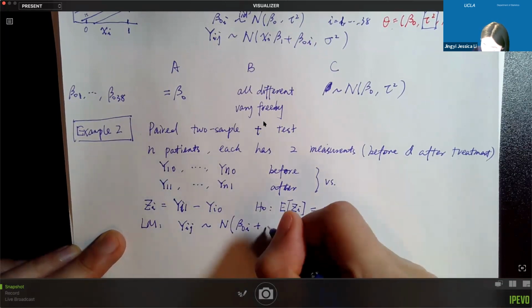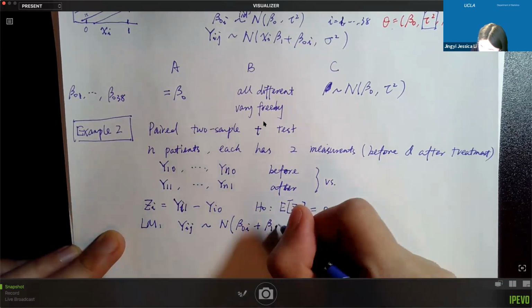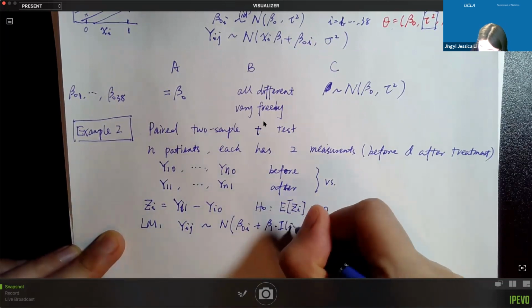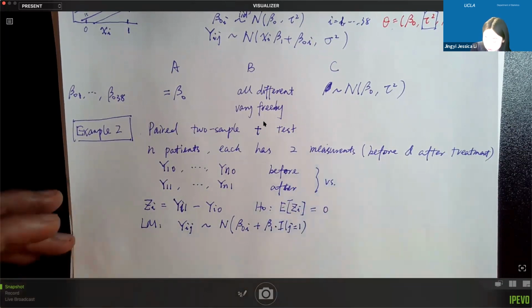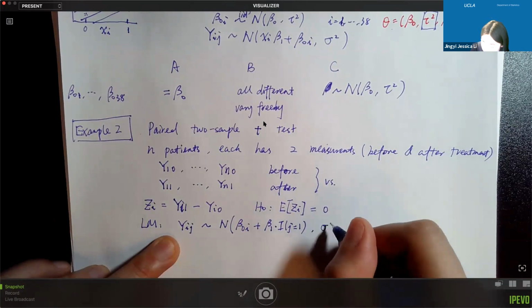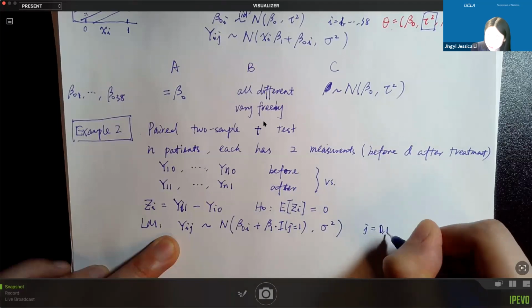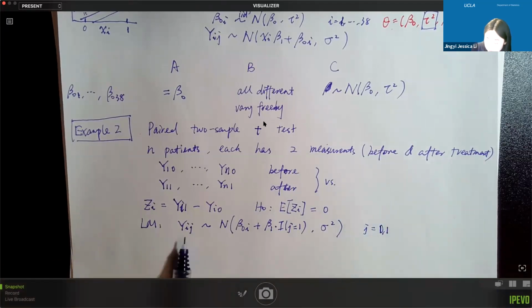So we can say that is beta 1 times the indicator that j is equal to 1. Because j is the jth observation of the individual i and the common error term, here j goes from 0 to 1. So that just indicates the treatment. And whenever you have a treatment, you add this beta 1. And of course, you have this varying intercept for individual i.